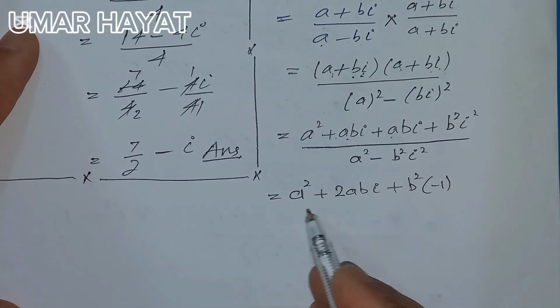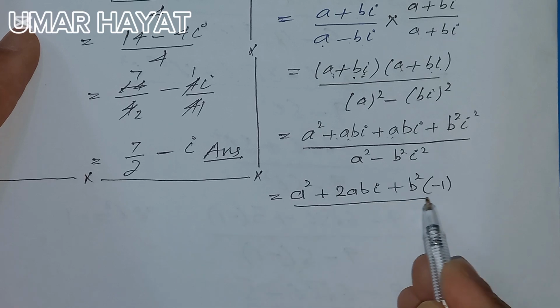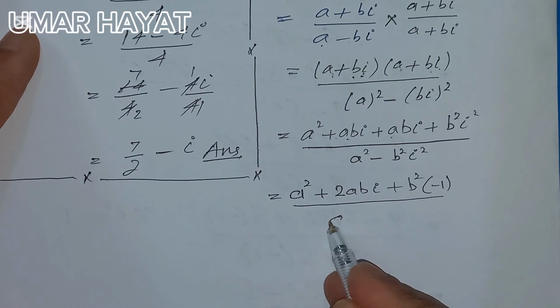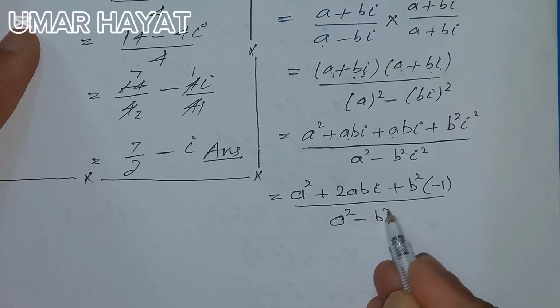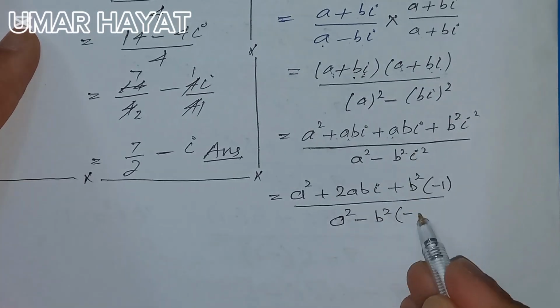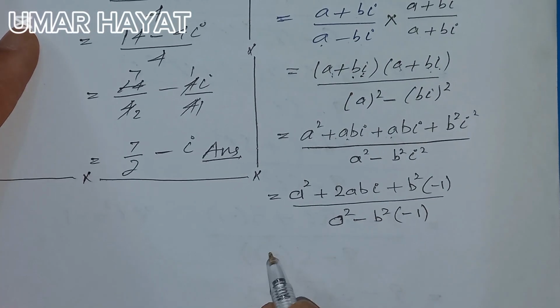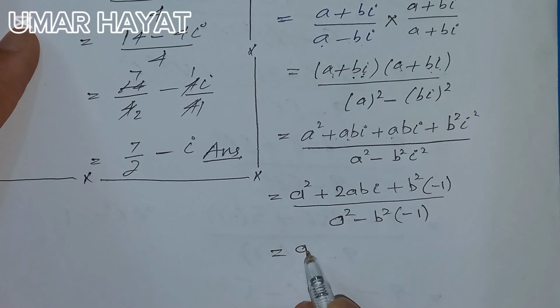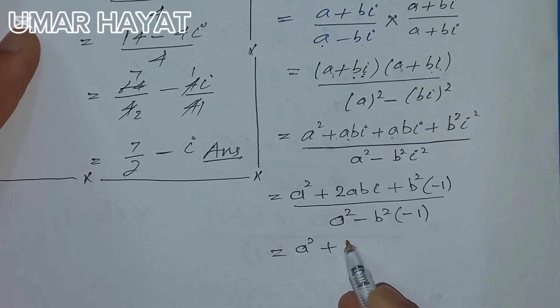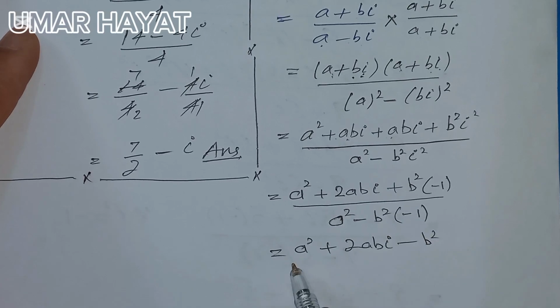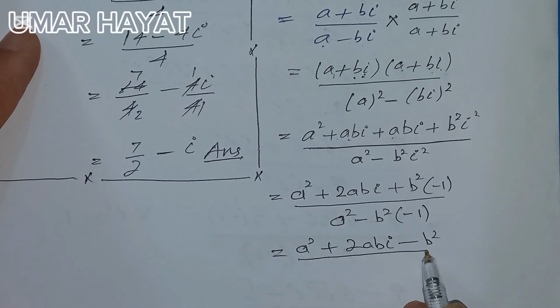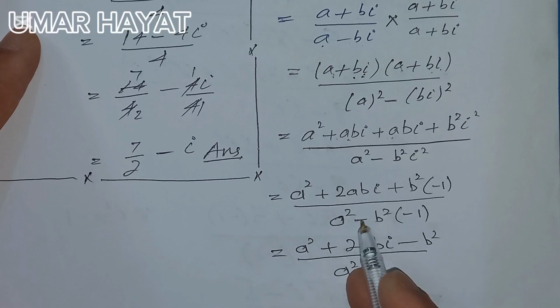Here we write minus 1, we replace i square by its value. In the denominator we also replace i square by its value, that is minus 1. The next step is a square plus 2abi minus b square, and in the denominator we have a square minus multiply minus plus b square.